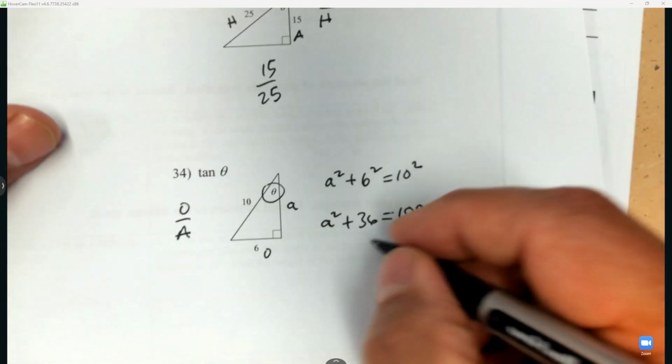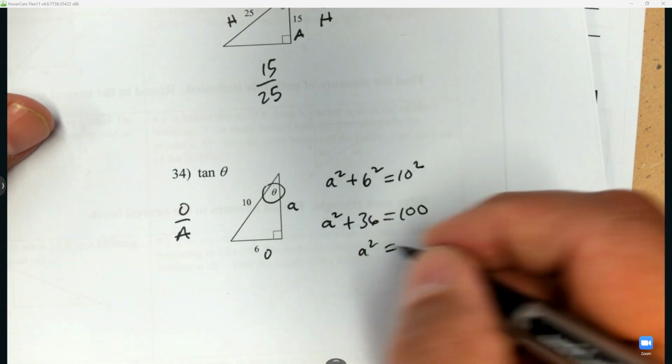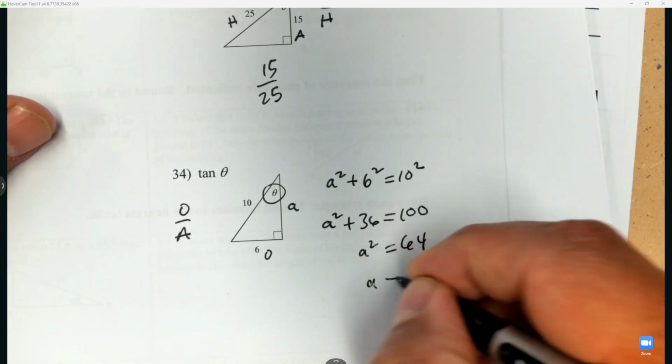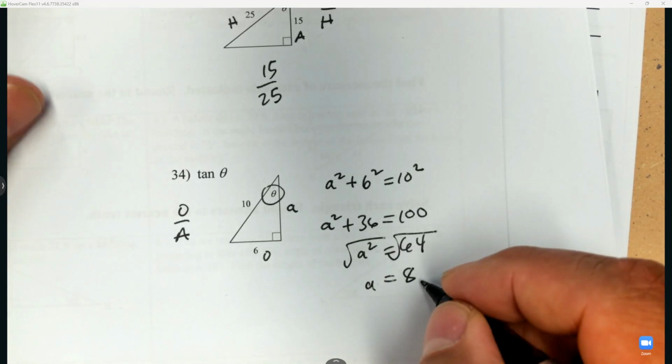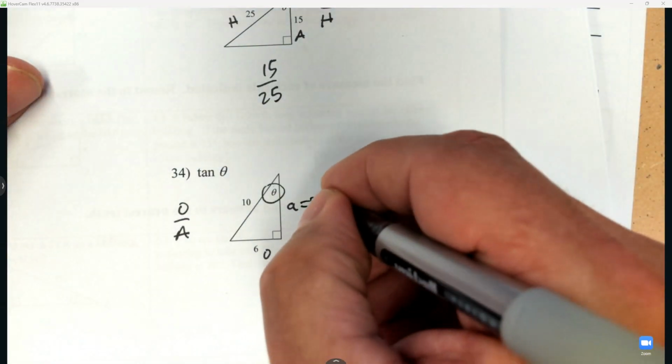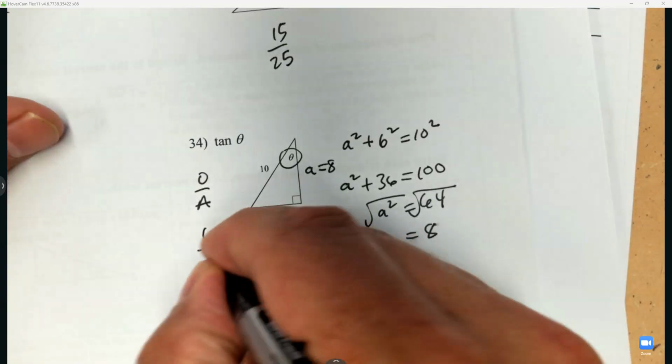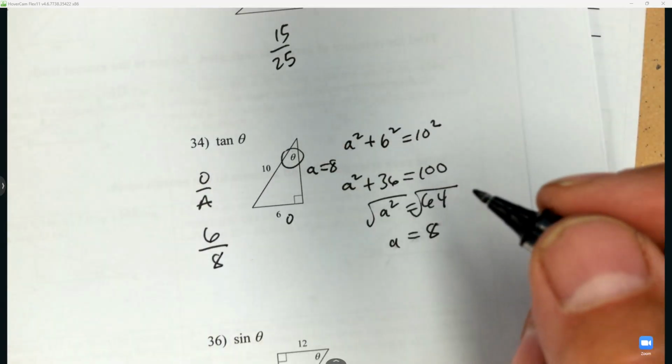We can square it out and subtract. So 100 take away 36, and then square root it. The square root of 64 is 8. That's the missing side. So now we have what we need. Opposite is 6, and the adjacent side is 8.